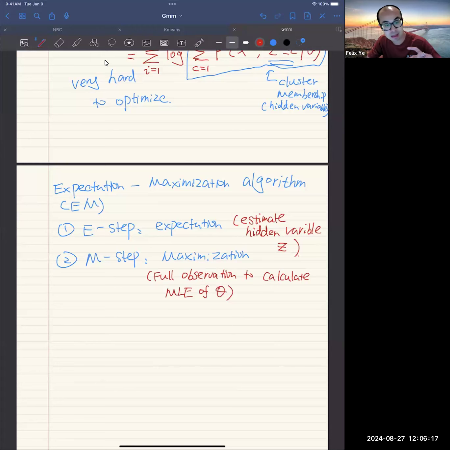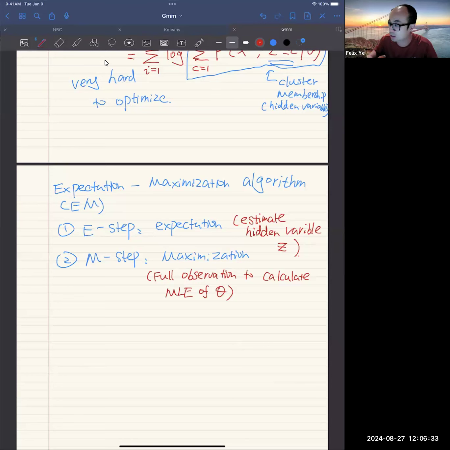So the first step is to estimate the hidden variable z, and then use this information to estimate the parameter theta. We do this alternately.